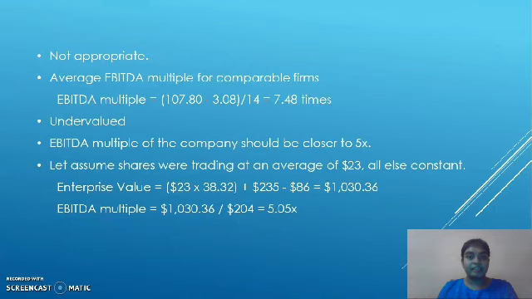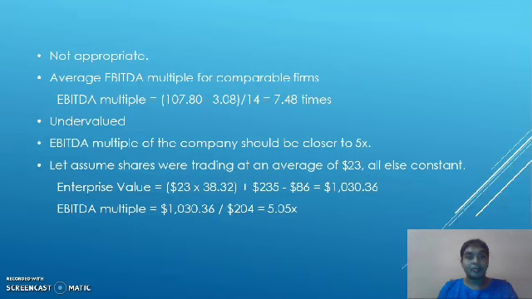From the table, we can see that a 3.5 times multiple of EBITDA is not appropriate for American Greetings, and we can categorize its EBITDA value as undervalued compared to the average of the 14 comparable firms.